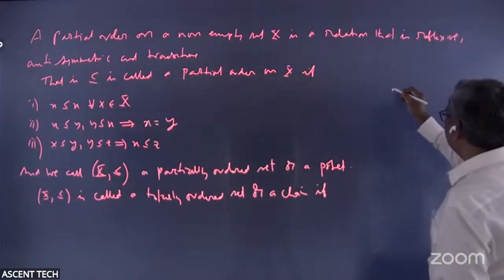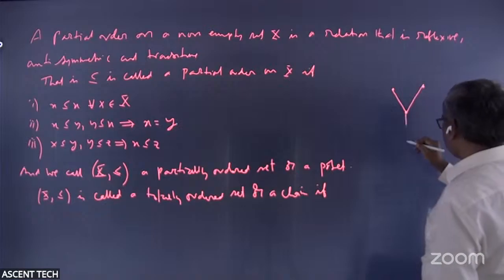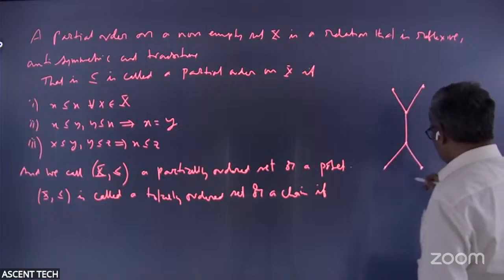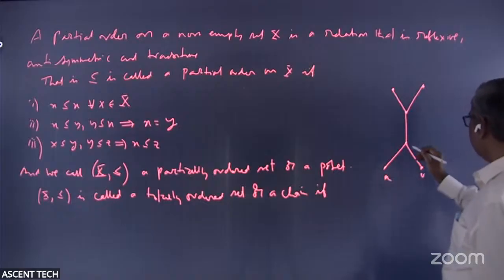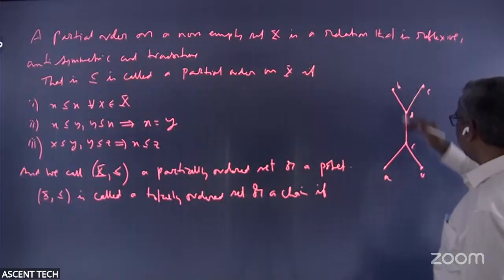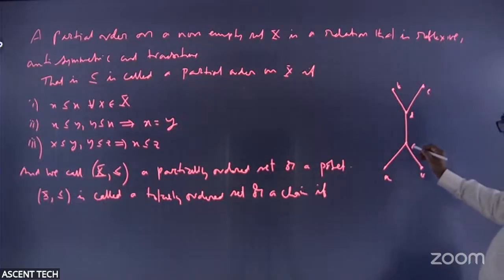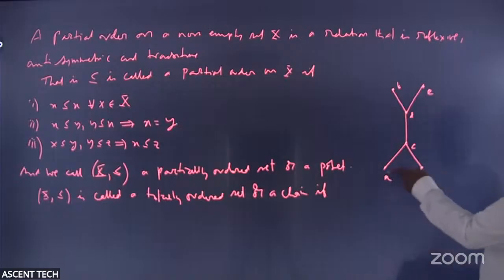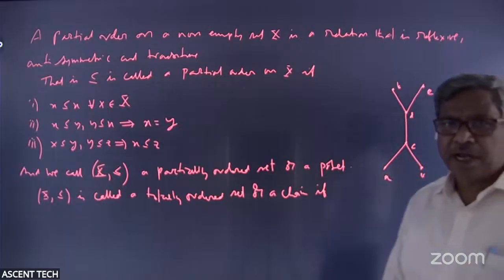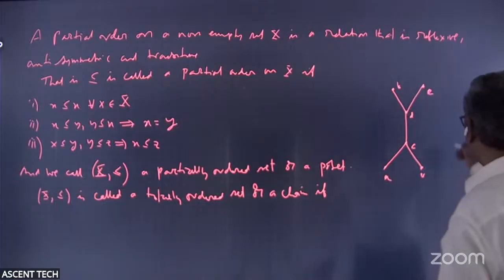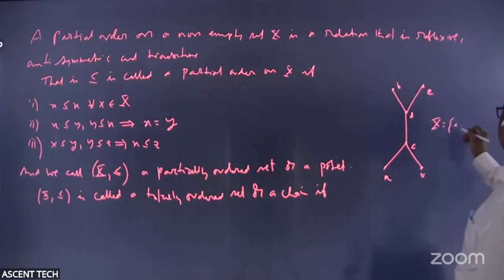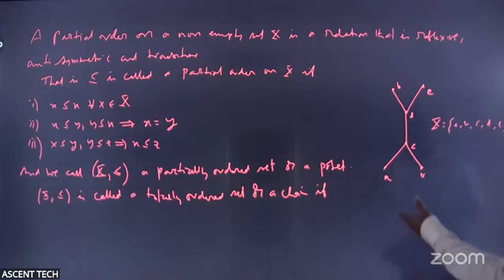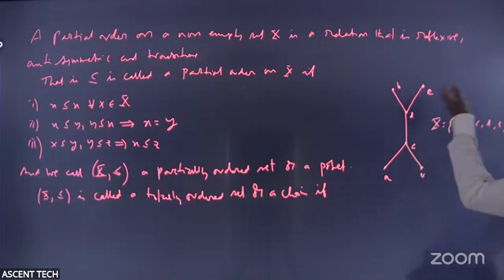You can take an example like this. Let's say this is A and this is B, C, D, E, F. As you go up, A is less than or equal to C, B is less than or equal to C, C is less than or equal to D, D is less than or equal to E, D is less than or equal to F. And there is no relationship between A and B. So I can have such a relationship on the set X consisting of A, B, C, D, E, and F. I think I have inequality described by this.